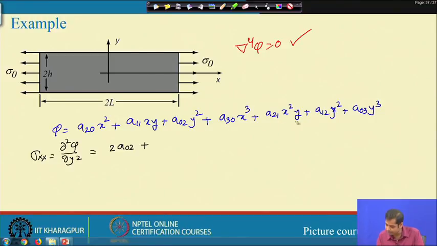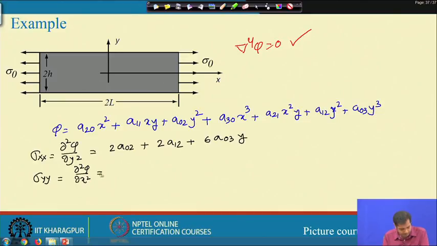Similarly, sigma yy is equal to del 2 phi del x 2, that is equal to 2a20 plus 6a30 x plus 2a21 y.